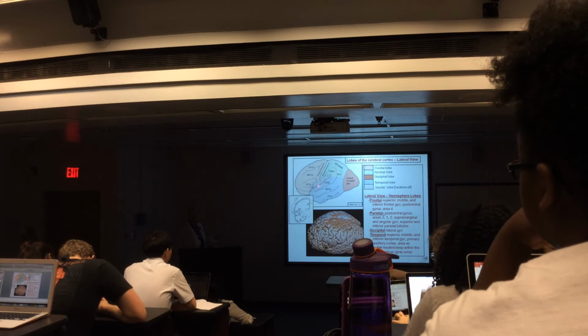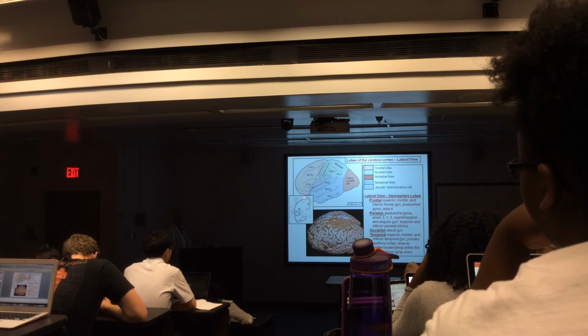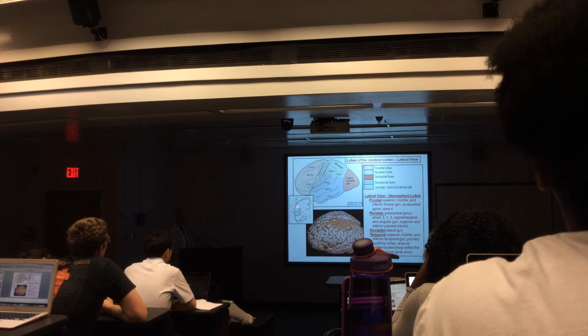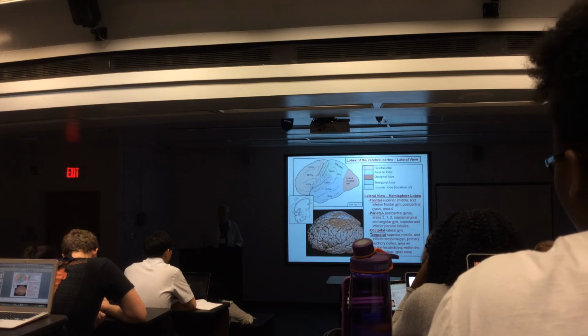Central sulcus is right here, so this is the precentral gyrus right here. Now, as you look at this little homunculus, sort of the little man on the side of the hemisphere, for this illustration this is the precentral gyrus. You can see the hand and the face occupy a lot of the precentral gyrus.